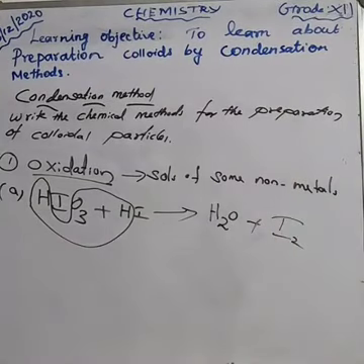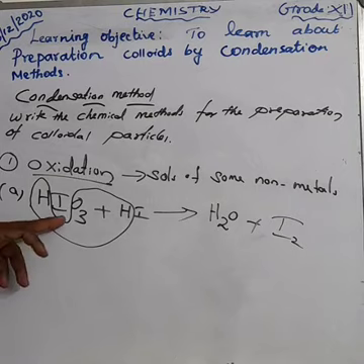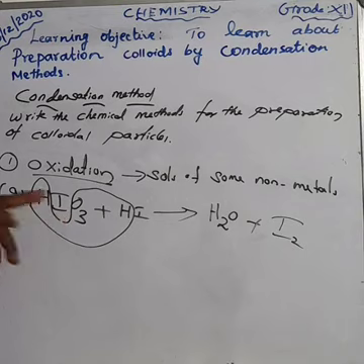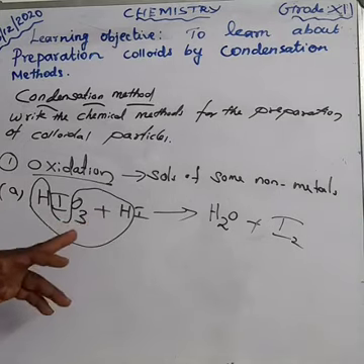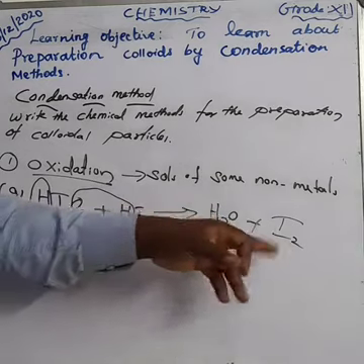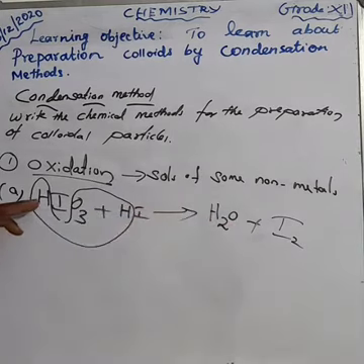So, first of all, try to learn the formula for hydroiodic acid, HIO3. On reacting with hydrogen iodide, the iodine combines to form an iodine molecule, and hydrogen and oxygen combine to form water molecules.